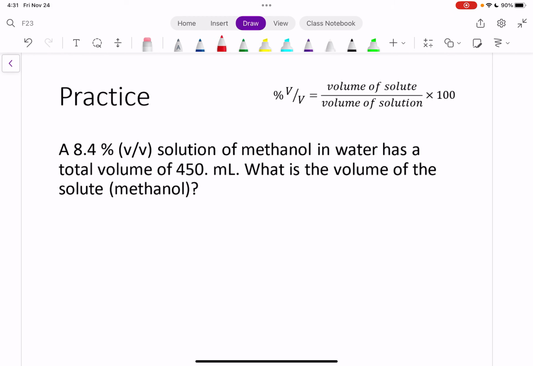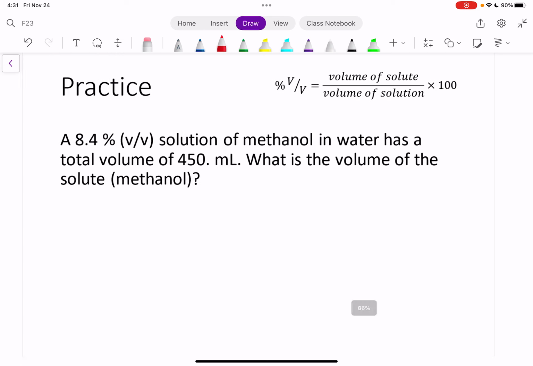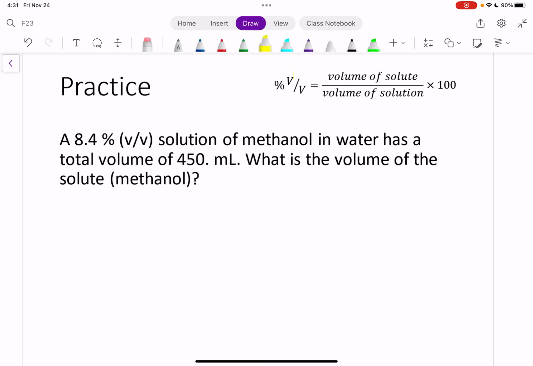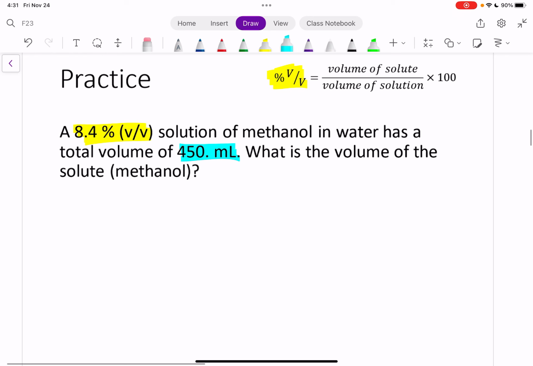This says an 8.4% volume by volume solution of methanol in water has a total volume of 450 mL. What is the volume of the solute? In this case, we are given our percentage and the total volume of our solution. Now we've got to solve for the volume of solute, so let's color code that. We'll put the thing we're solving for in green.